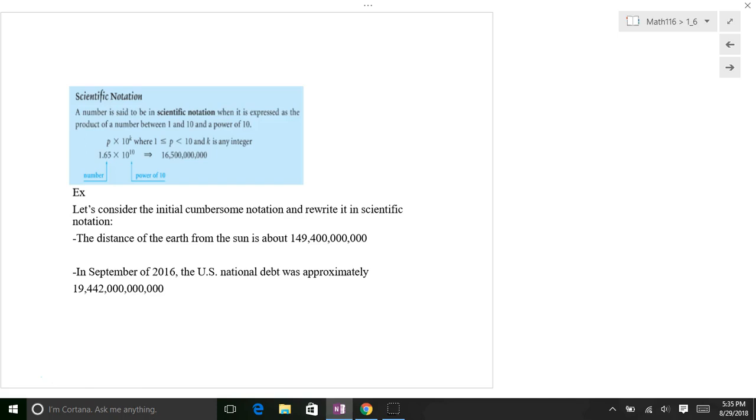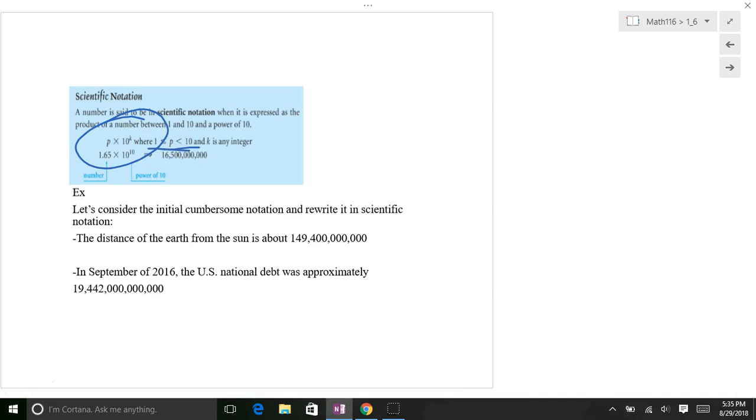So let's look at that 149 billion, 400 million distance of the Earth, and put that into scientific notation. Scientific notation is anything p times 10 to the k, where your p has got to be less than 10 but greater than or equal to 1.